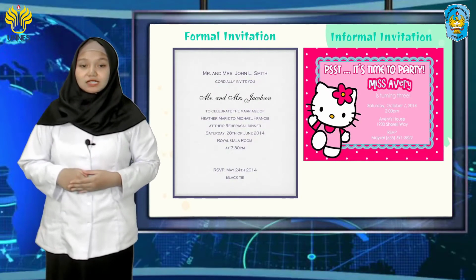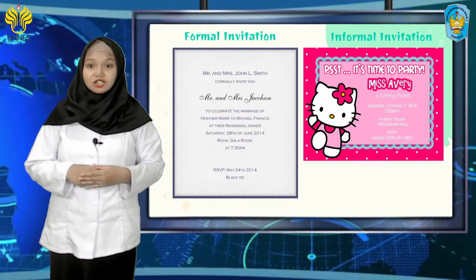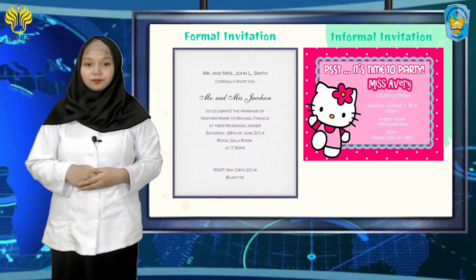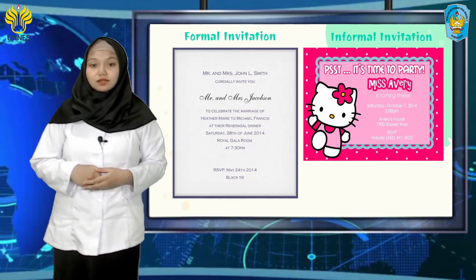Okay, here is the difference between formal invitation and the informal invitation. You could observe it first.